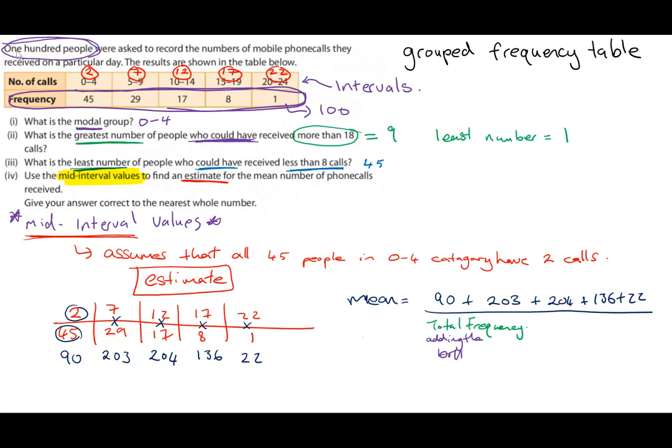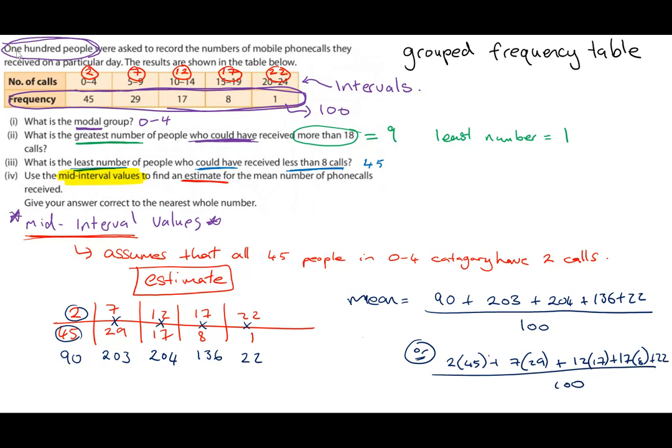In this case, it is 100. Now instead of finding the sums, I could simply say top by the bottom plus top by the bottom, plus top by the bottom plus top by the bottom, plus 22 by 1, divided by 100.